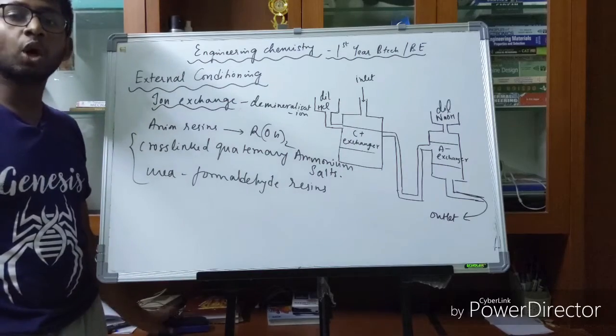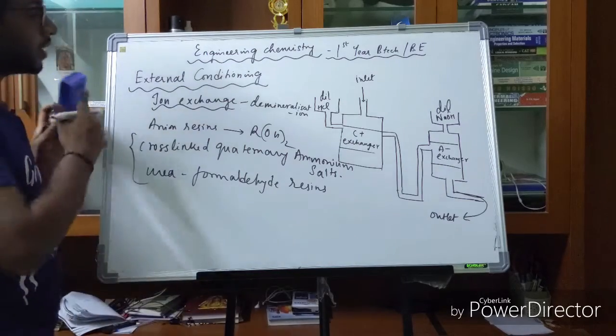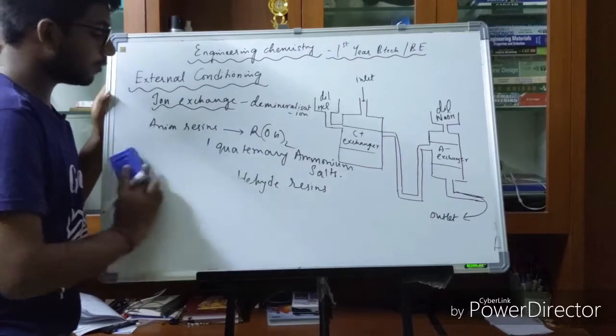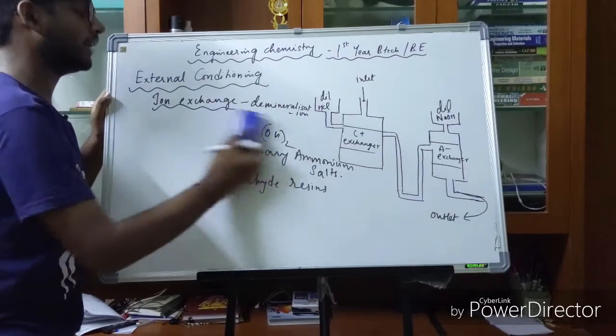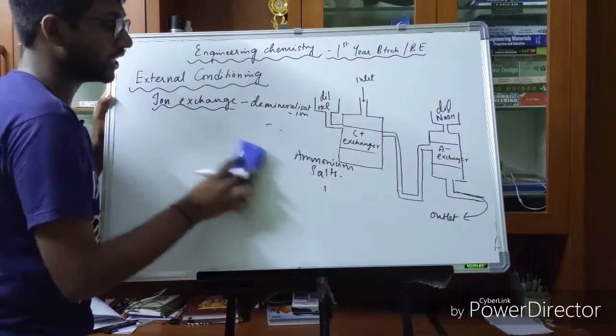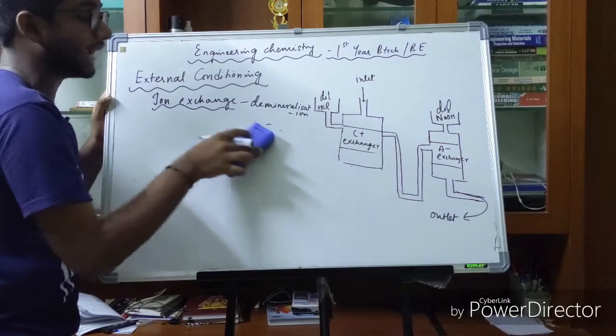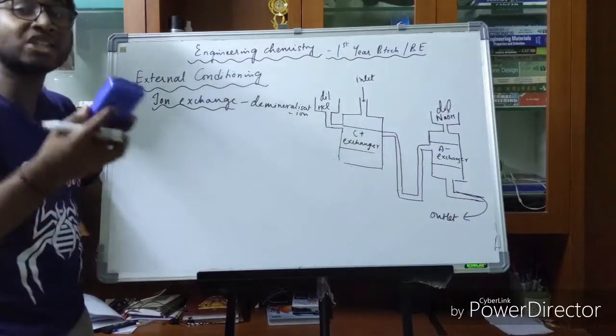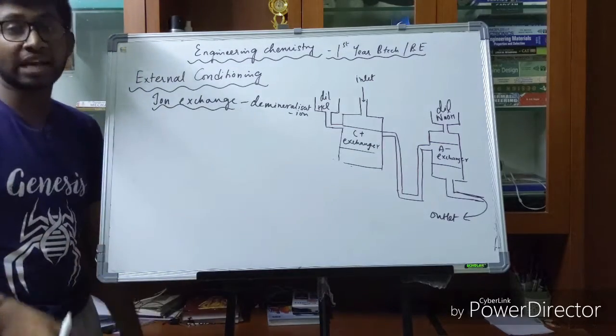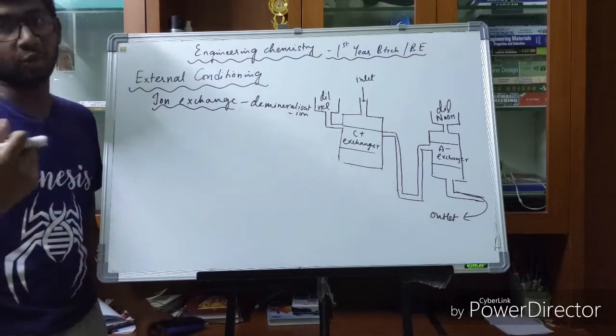Okay, so now let's go on with the process. The process is very simple. First, the respective salt which has a cation as well as an anion is passed through the cation exchanger, and it reacts with the resins. When it reacts with the resins, it removes the cation. It is an exchange which happens, not removal. Exchange happens, and therefore it is removed.